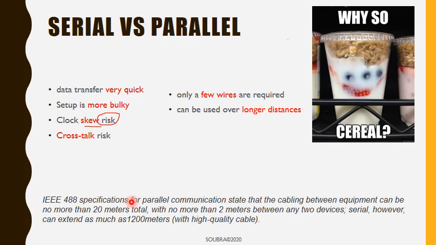So you can see that it's a maximum of 20 meters total for any parallel communication, with a maximum of 2 meters between any two devices, because you might have more devices, like in a daisy chain or something like that. However, for serial, we can go to even a little bit more than 1 kilometer.